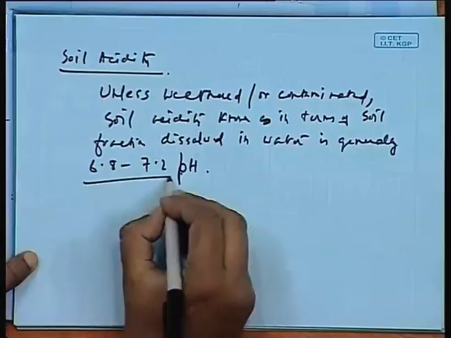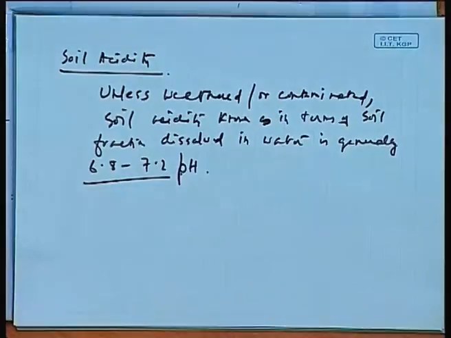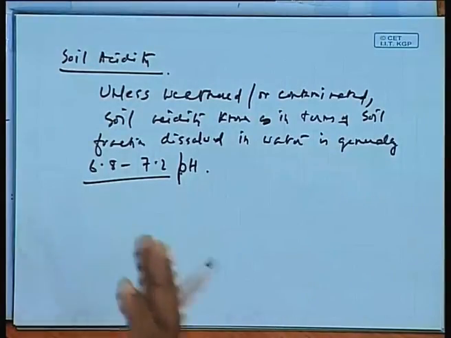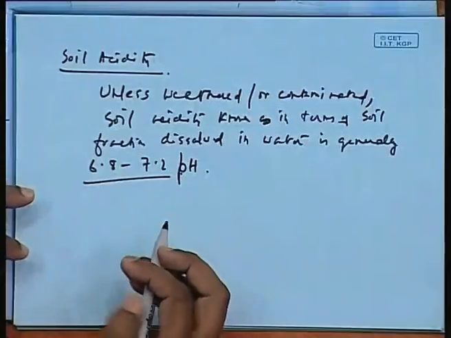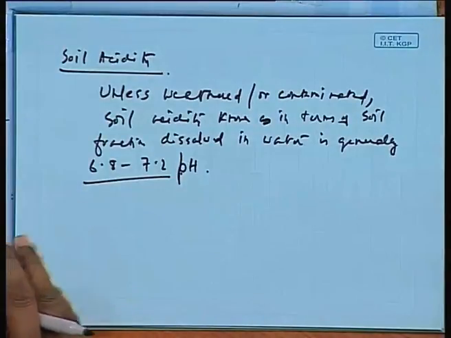So most of the soil, if left as it is, has a natural tendency to reach towards the neutral pH. It would remain slightly alkaline or slightly acidic in most of the cases. This is the zone they vary in because of different decomposable substances in the soil.